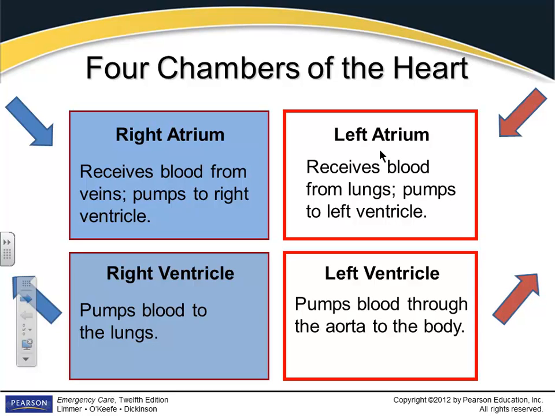From the lungs it returns via pulmonary veins to what chamber? The left atrium. And from the left atrium through the bicuspid or the mitral valve into the left ventricle, and then it leaves the heart via the aorta. That's correct. You need to know that.